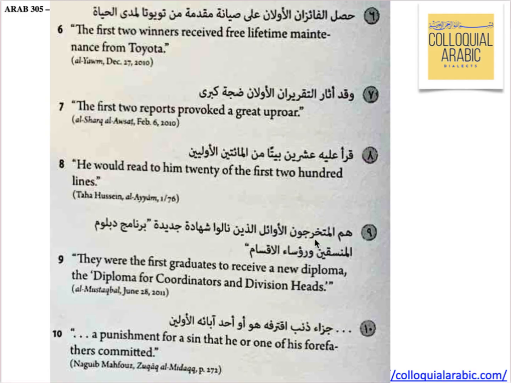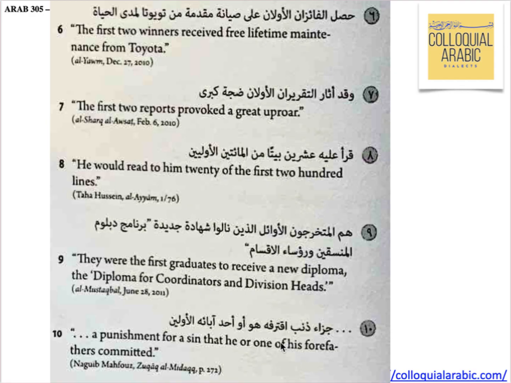So first graduates, who obtained, in the plural form, past, third person, the new diploma, shahada jadida, and then the name of the diploma or the name of the program is also given.